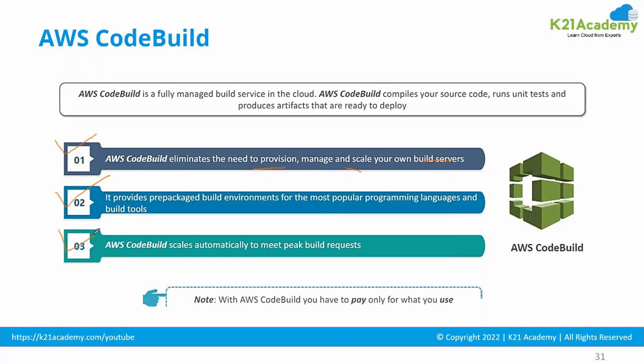It is going to give you as many build servers as you want during the peak build requests. As you can see, you pay only for what you use, right? Whenever you run it, you pay only for that, and you don't have to pay for a server whenever you are not running it. That's one of the major advantages. These are the various advantages we get from the CodeBuild service.